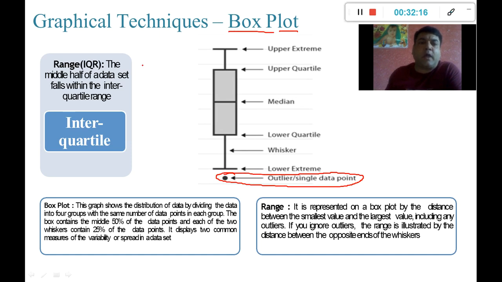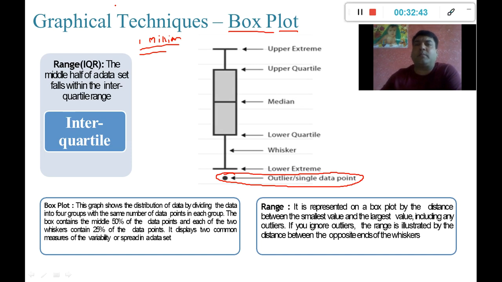Suppose you have 1 million data points and you want to find out the outlier values within that data. How will you find them? You need some sort of graphical technique wherein you will understand at least at what range or at what values the outliers are present.